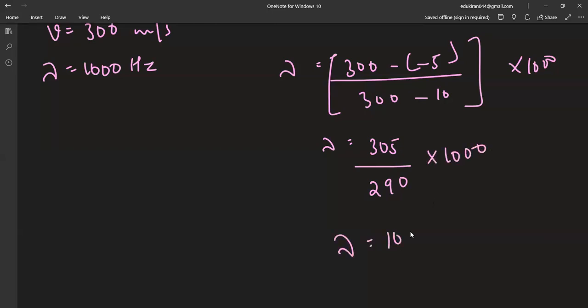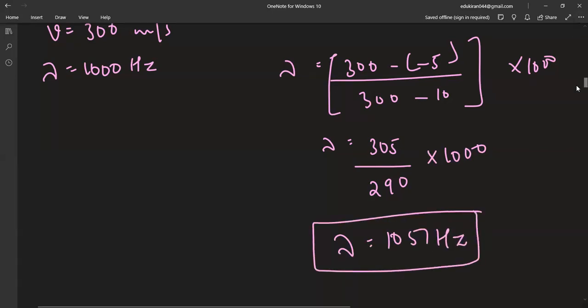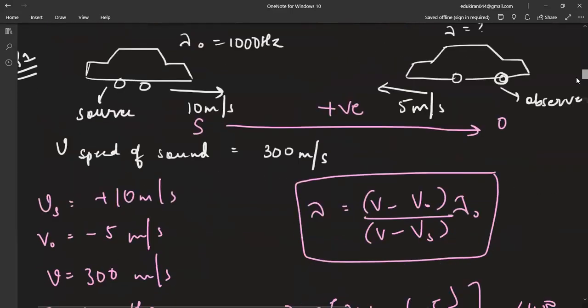So frequency will be 1051. Write it down.